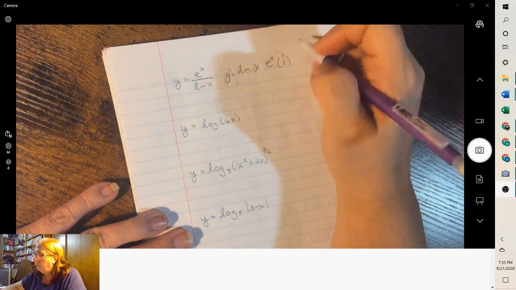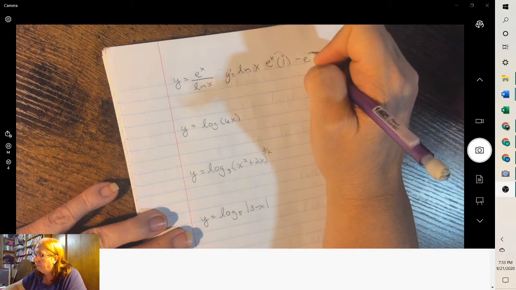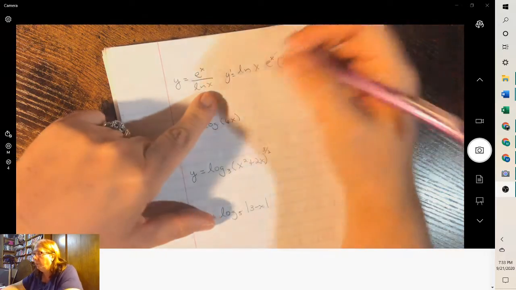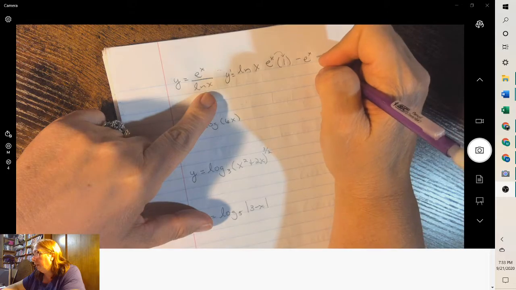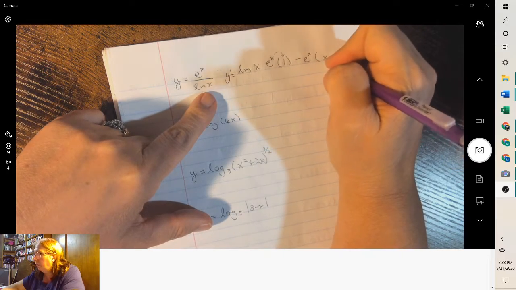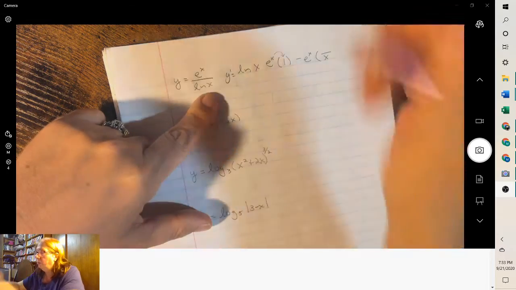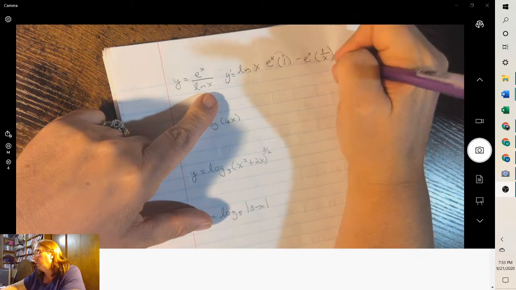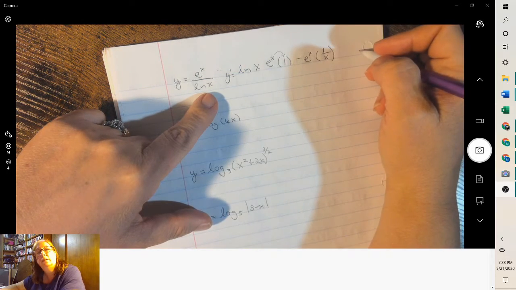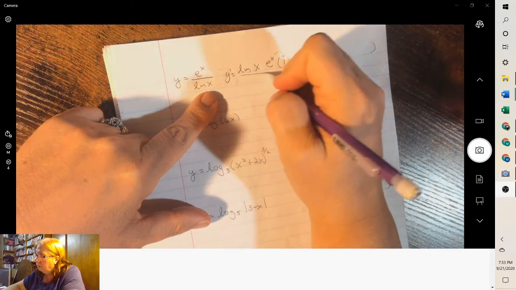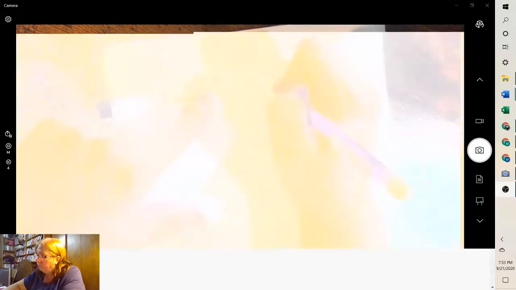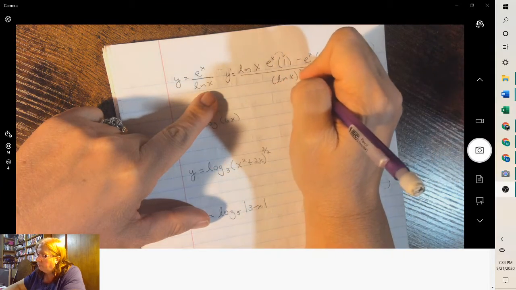Bottom times the derivative of the top minus the top times the derivative of the bottom. Derivative of natural log of x is x in the denominator, and the derivative of that in the numerator, so it's 1 over x. All over the bottom squared.